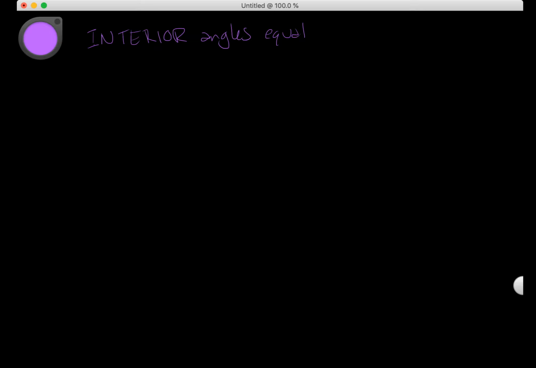And the interesting thing about quadrilaterals is that also the exterior angles in a quadrilateral equal 360 degrees. So let's look at two examples.